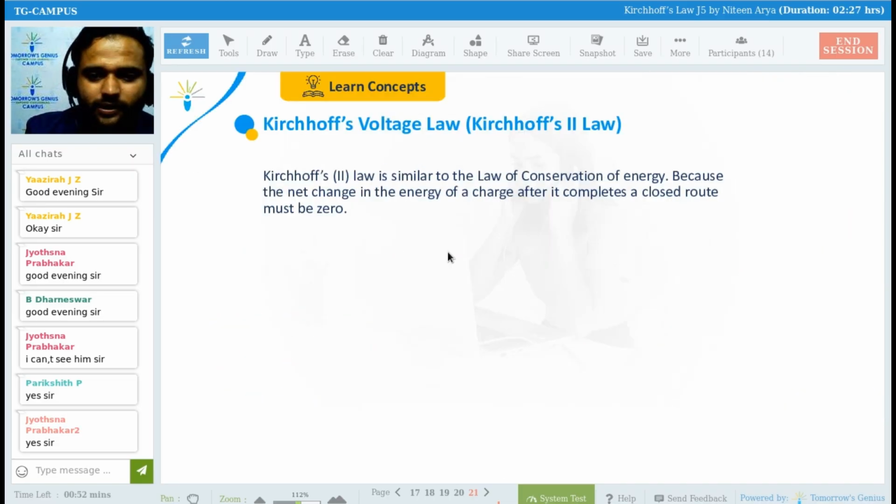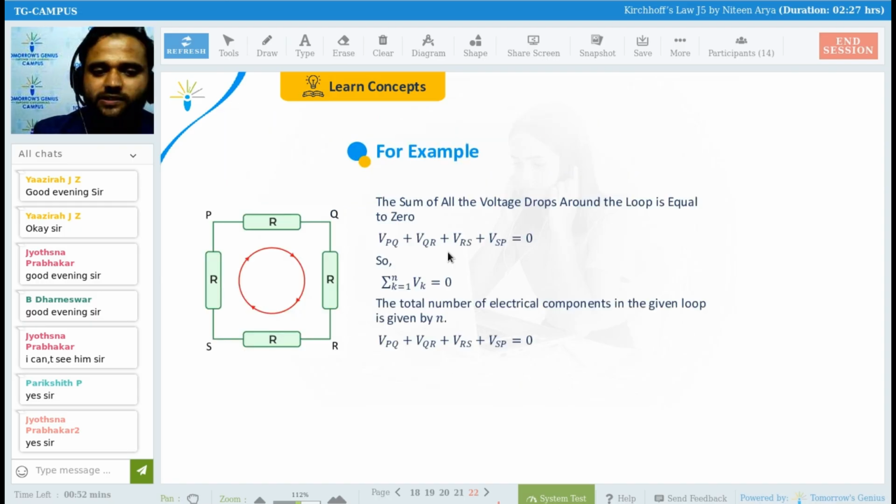Okay, so let's quickly finish this. Now this is Kirchhoff's second law, which is similar to the law of conservation of energy. As we know, energy can neither be created nor destroyed, because the net change in the energy of a charge after it completes a closed route must be 0. What is the meaning? Understand it this way. Suppose you apply a potential difference here.